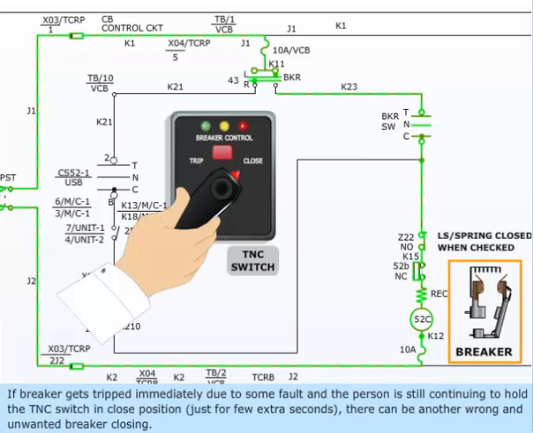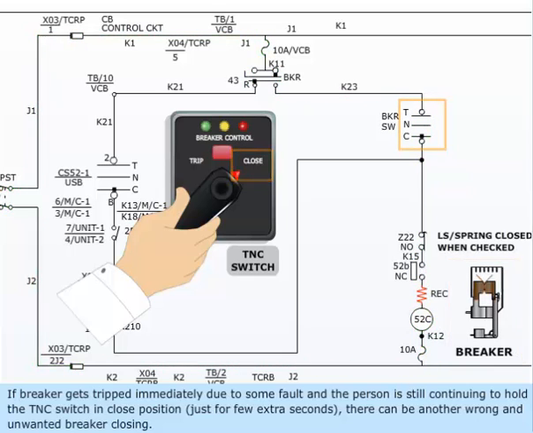If breaker gets tripped immediately due to some fault and the person is still continuing to hold the TNC switch in closed position just for a few extra seconds, there can be another wrong and unwanted breaker closing.